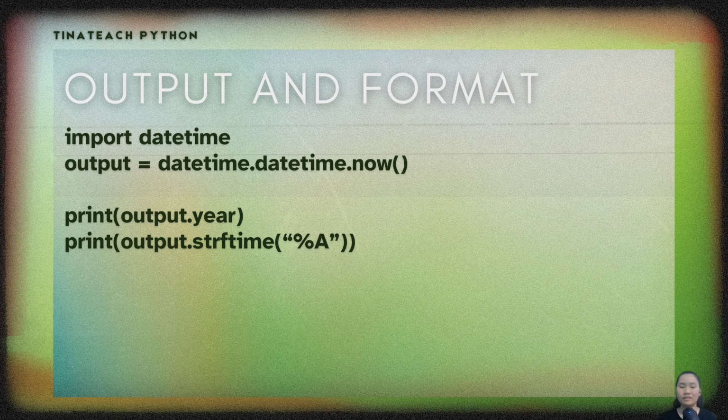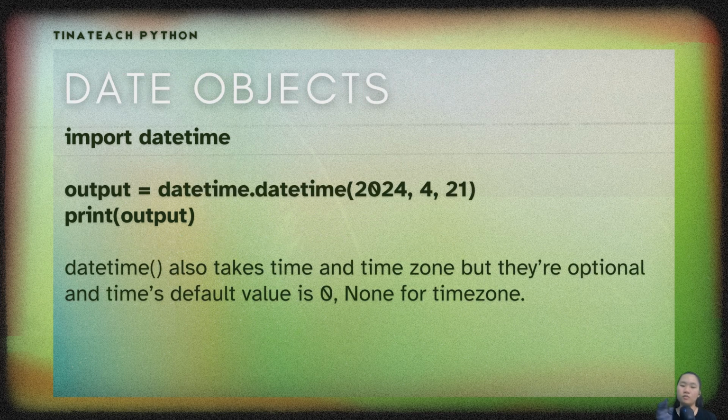Let's move on to date objects. Now, with this module, you can create objects that have the properties of date and time, whatever date and time that you coded it to. Once again, output = datetime.datetime(2024, April 21st). Okay, so we've created our own custom date, and it's not just datetime.now, and this becomes the property of an object.